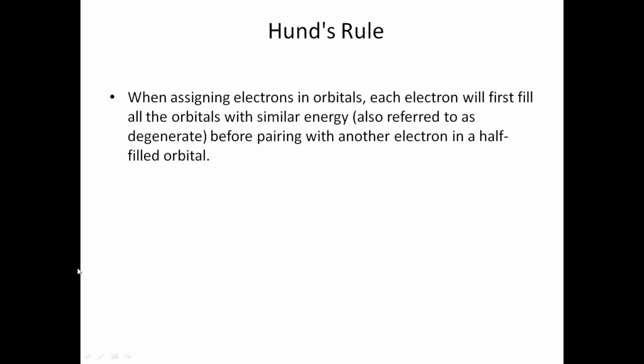So for example, when we have the 3p orbitals of any energy level, the px, py, pz, I place one electron in the px, one electron in the py, and one electron in the pz before I place a second electron in the px.